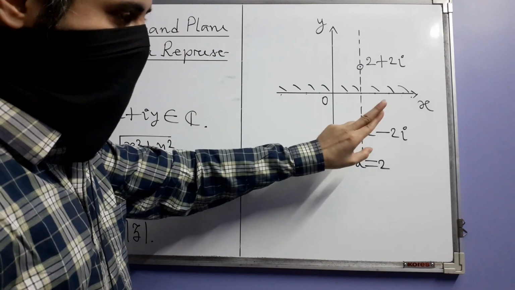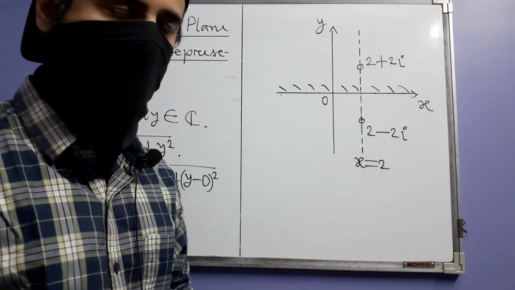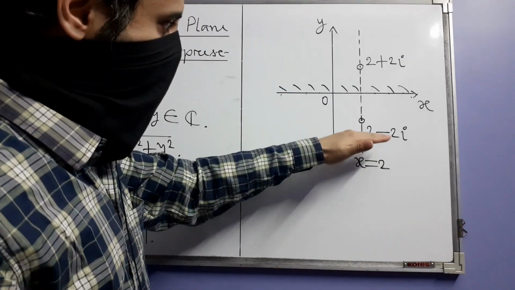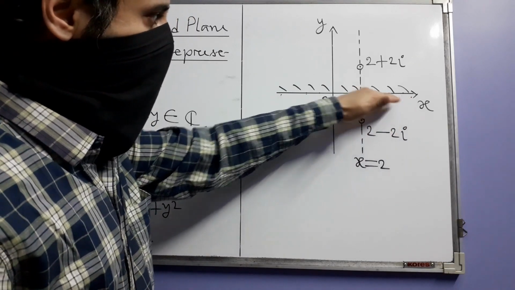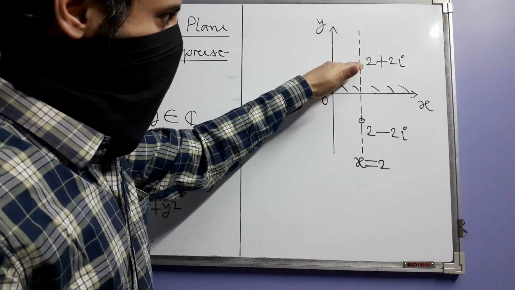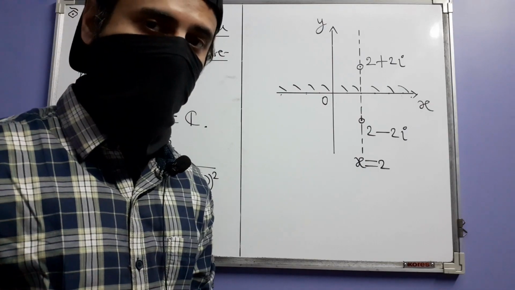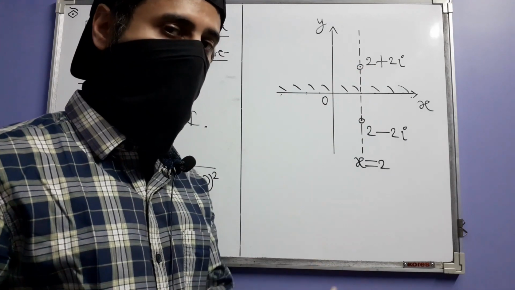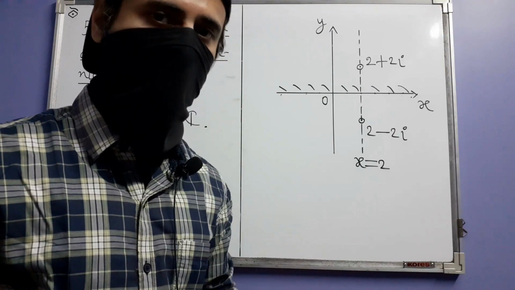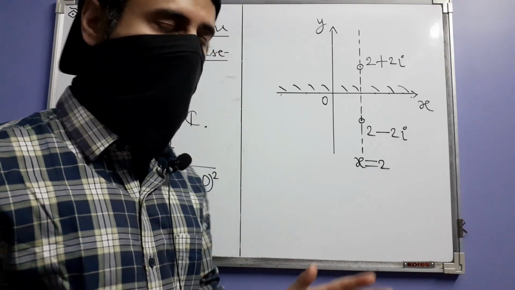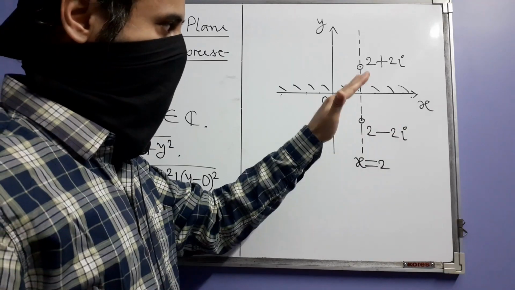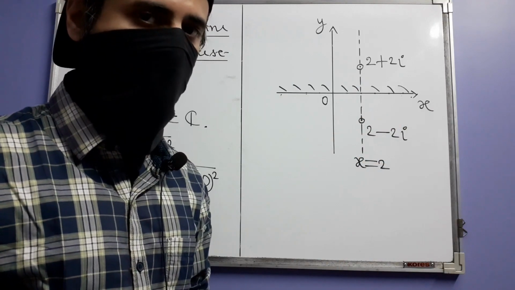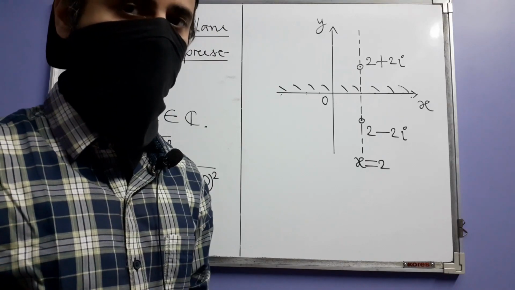Again we have to change the sign of the imaginary part, that gives us 2 plus 2i. So the reflection of 2 minus 2i in this mirror is lying here. That is why these two complex numbers are mirror images of each other on the x-axis. That's the geometric interpretation of a complex number and its complex conjugate. They are mirror images of each other.